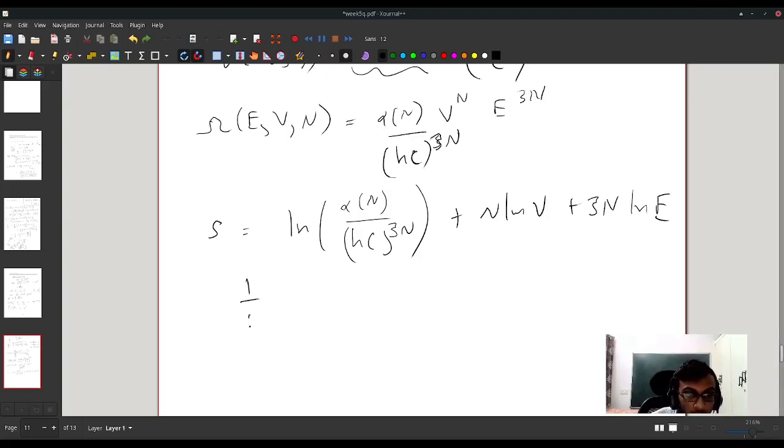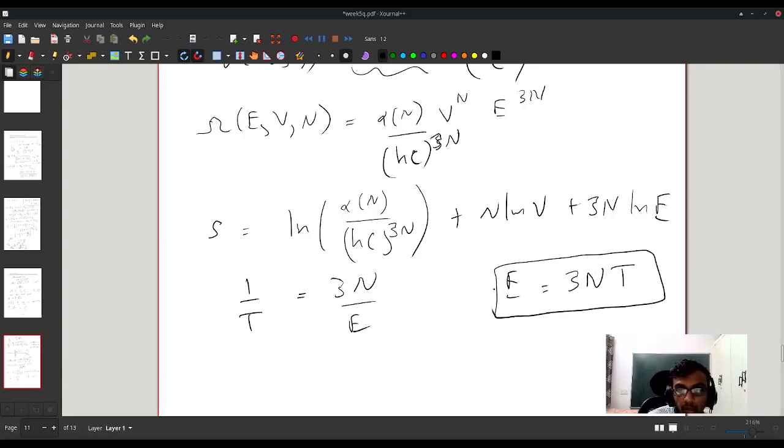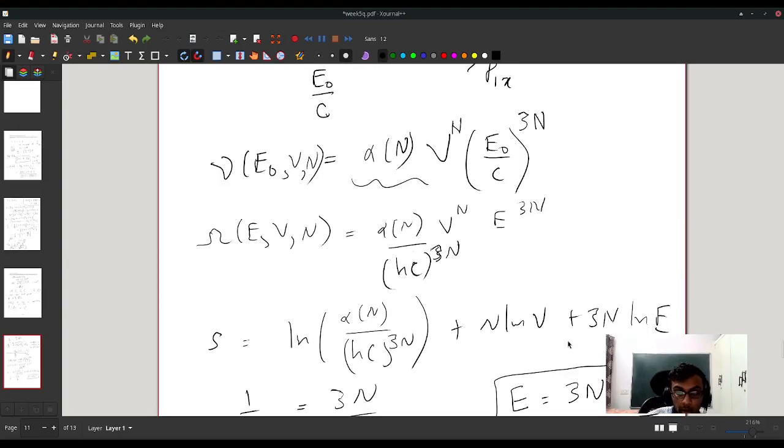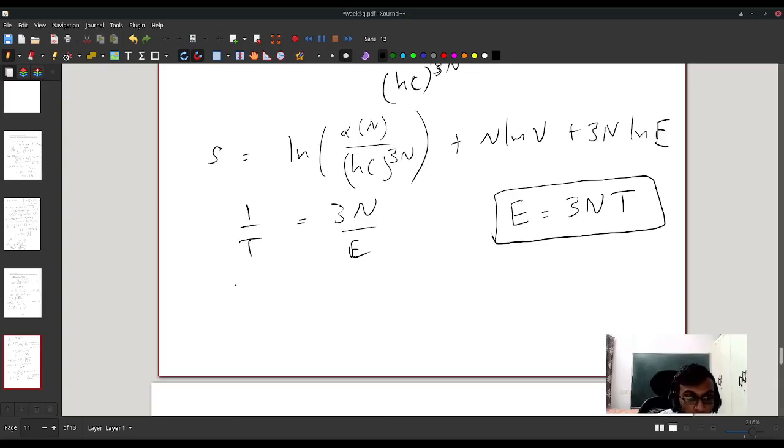So 1 over t is simply 3n by e, or e is 3n times t. So this is how the energy of the gas depends on temperature, and we can also find the other equation of state, the pressure.